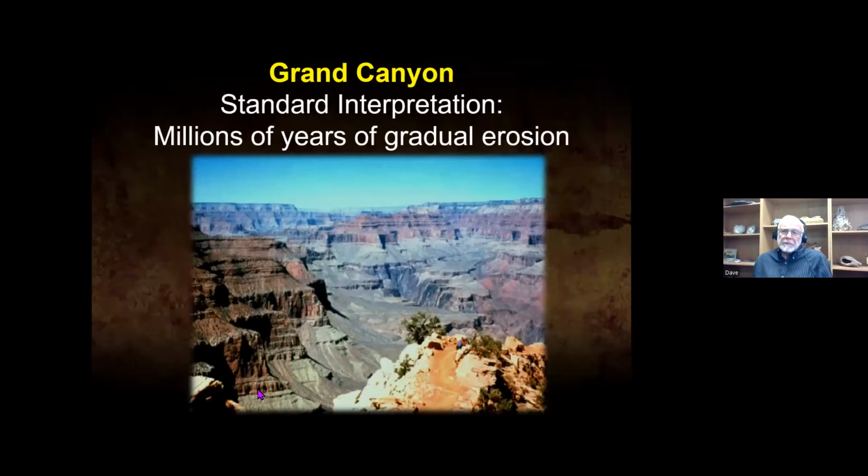But you'll hear somebody else giving you a different interpretation through a different colored lens. And they say, oh, these layers in the Grand Canyon were put down over millions and millions of years, proven by radioactive decay dating, which is suspect right now.